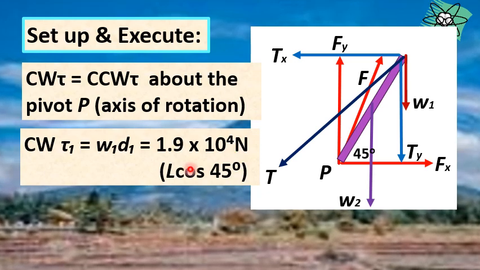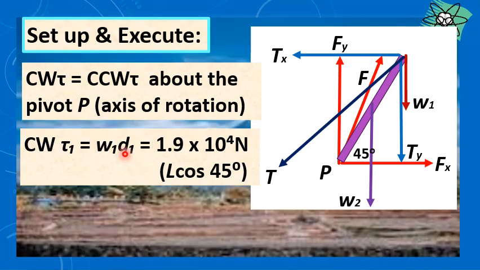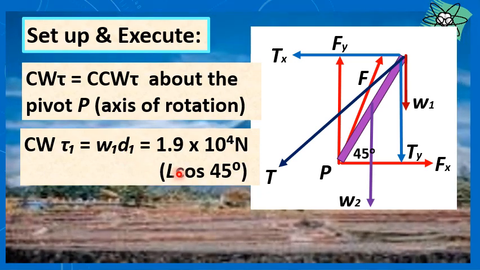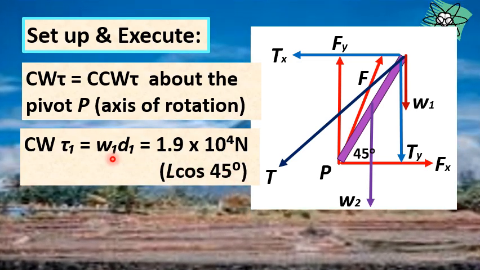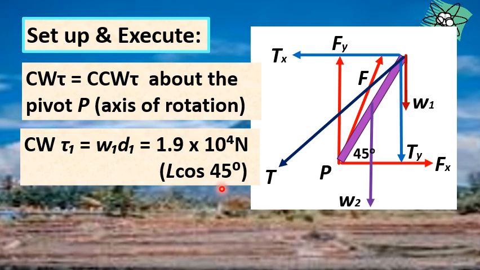When we multiply it by the moment arm d1, which is L cosine 45 degrees, then we are defining torque number 1.